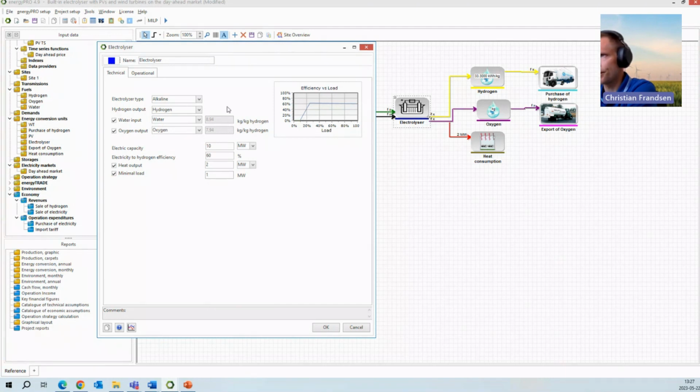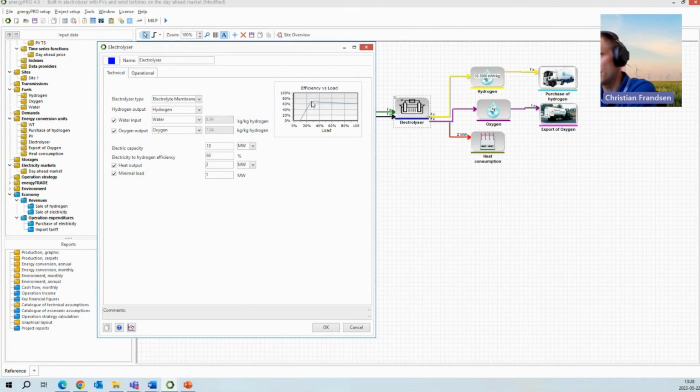And as you can see, we have this efficiency versus load graph up here. This illustrates that these type of electrolyzers actually has a little higher efficiency at, I believe it is 27 or something, 27% load.